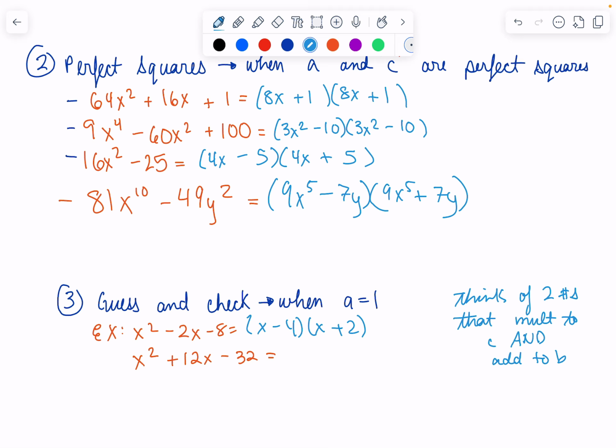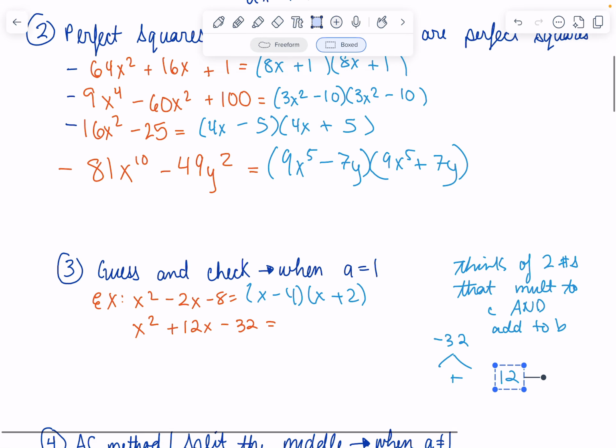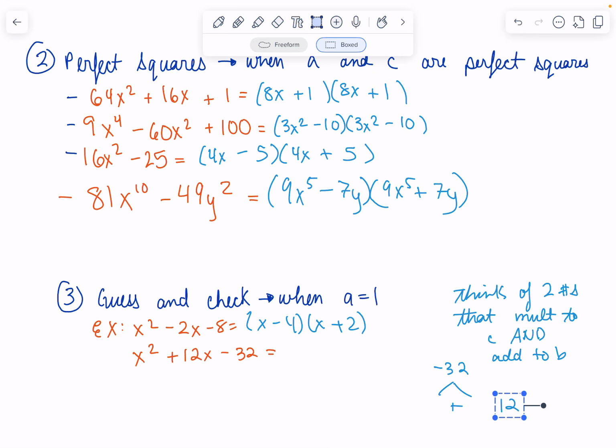All right, next example. Two numbers that multiply to negative 32, but add to positive 12. The signs do matter. Okay, let's see. We know about 8 and 4. One of them is going to have to be negative, though.